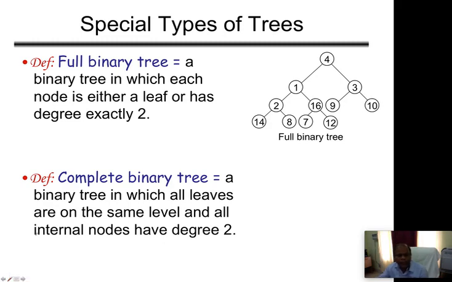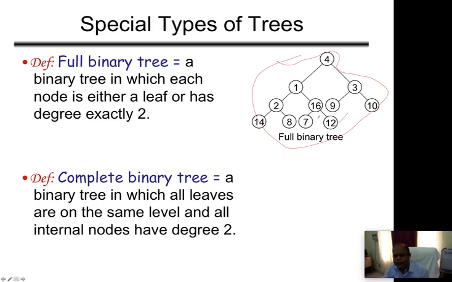See, a binary tree, as you know, is a tree having two nodes, and a full binary tree is a binary tree in which each node is either a leaf or has exactly two children. See, in this figure, this is a binary tree where each node is either a leaf.